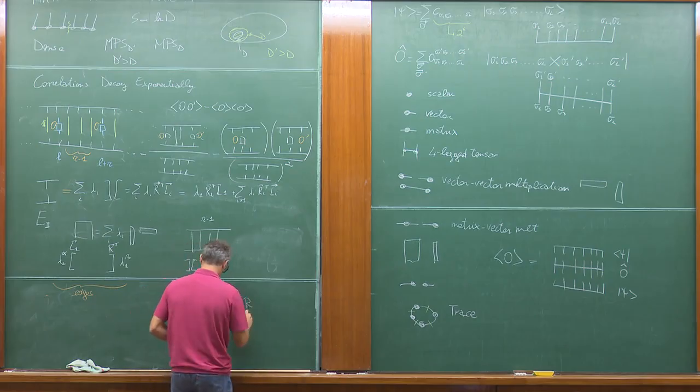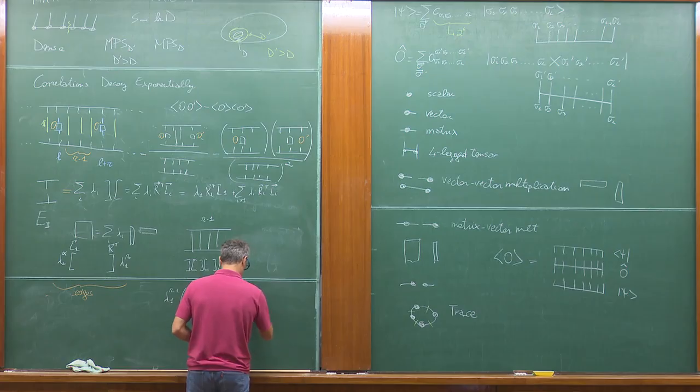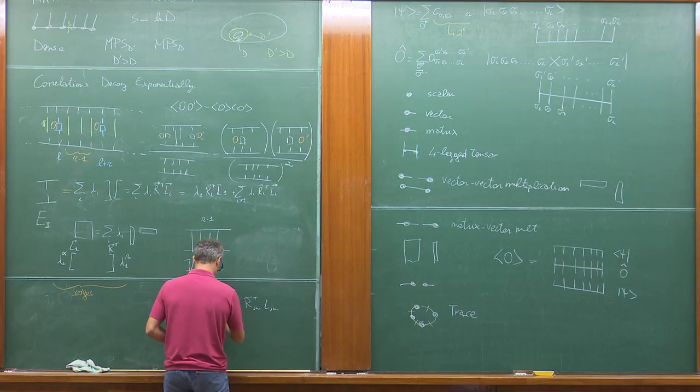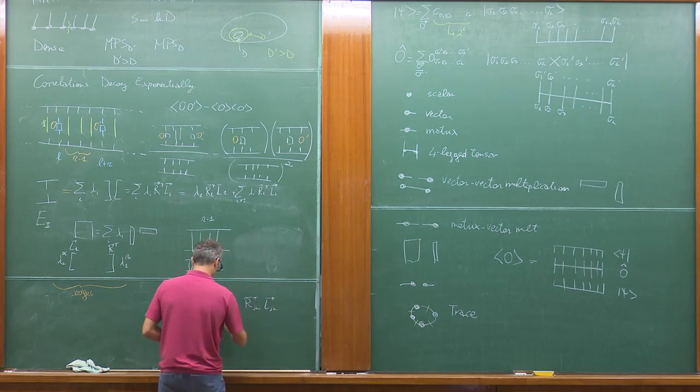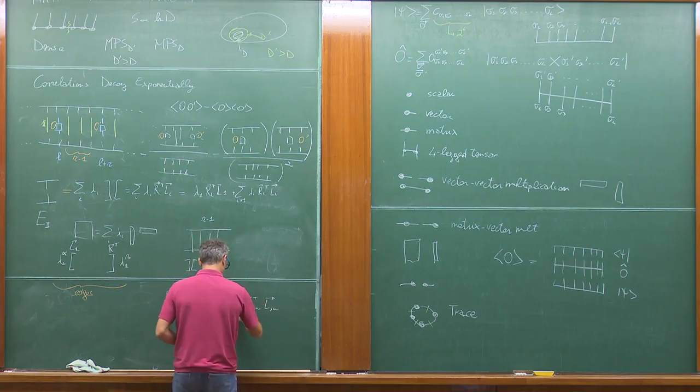I have R j omega, L j omega, and then here I have lambda j omega over lambda 1.